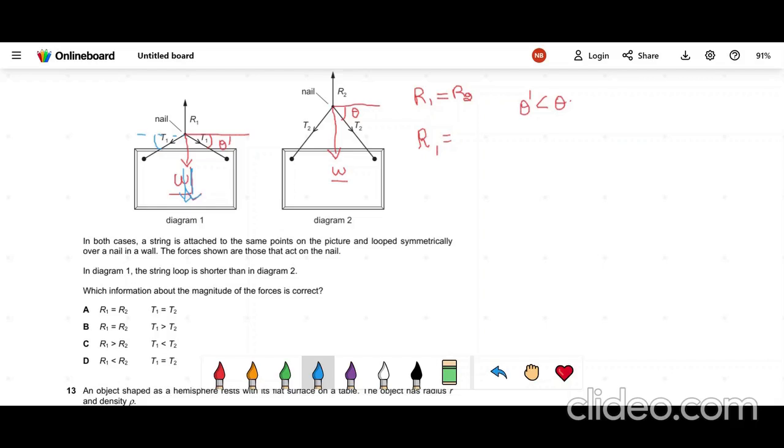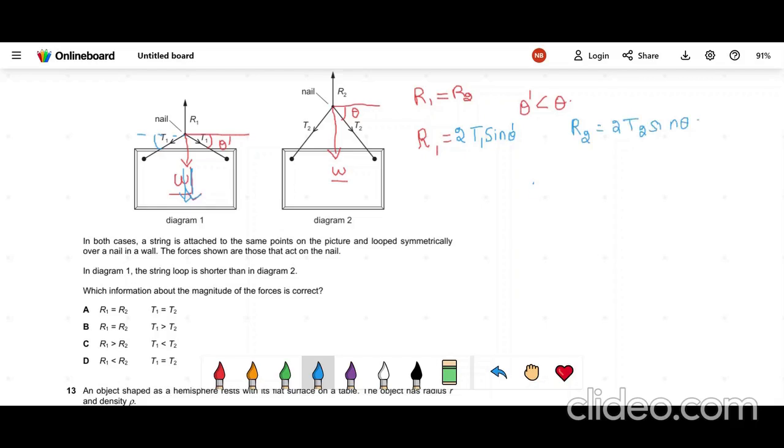Vertical component can be taken as sine theta. So R1 equals 2T1 sine theta dash, because two vertical components act opposite to the reaction. That is why I have taken like that. Like that R2 will be equal to 2T2 sine theta, right?